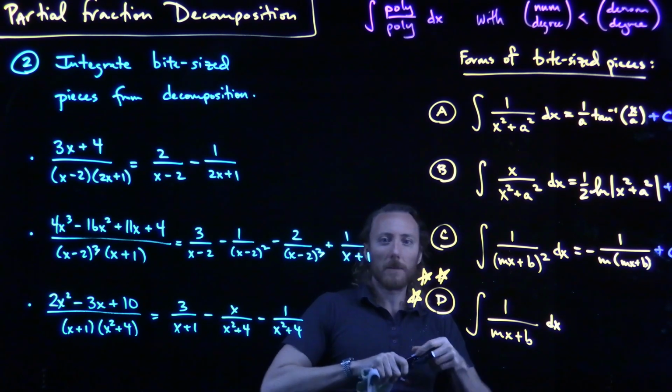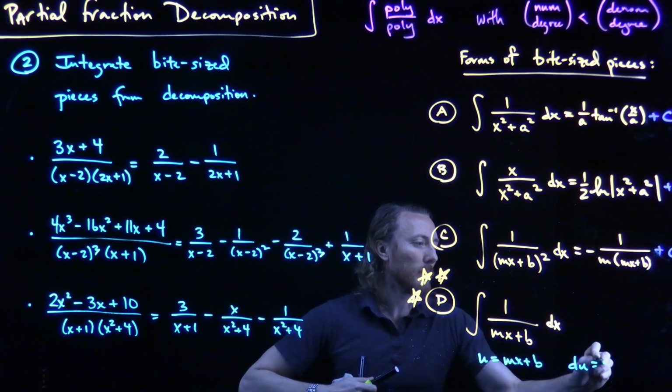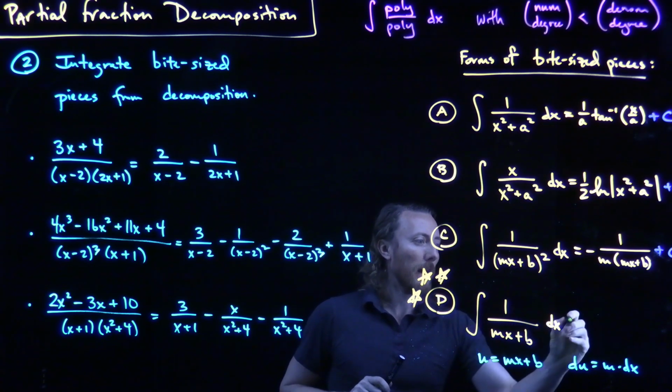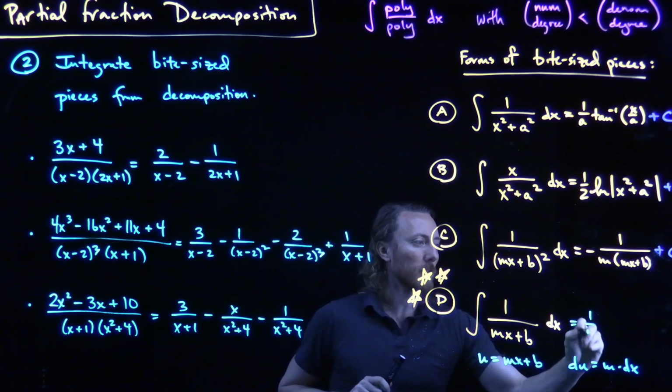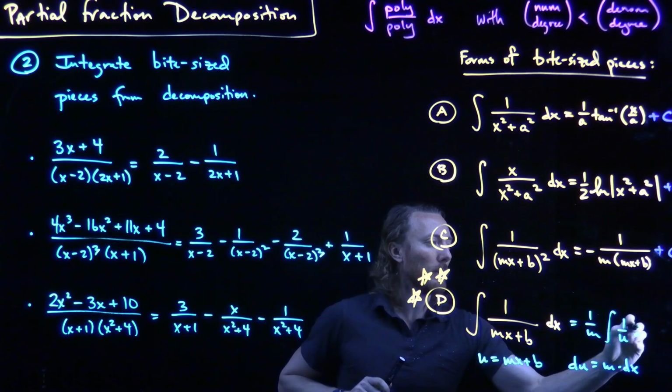This will also be u sub, and I don't have a lot of space, but I think I can pull it off. If we have u equal mx plus b, then du is just m times dx, which means dx is 1 over m du. So I'll factor out the 1 over m, and then we'll just get 1 over u du.